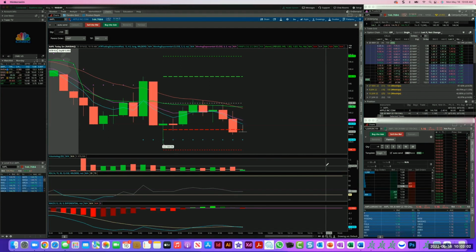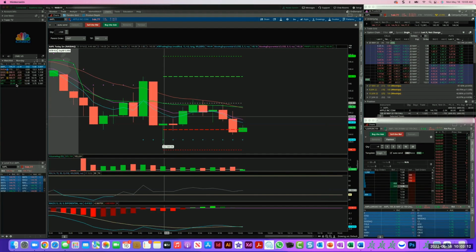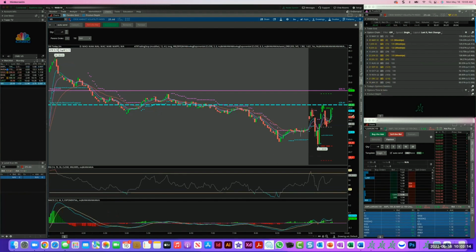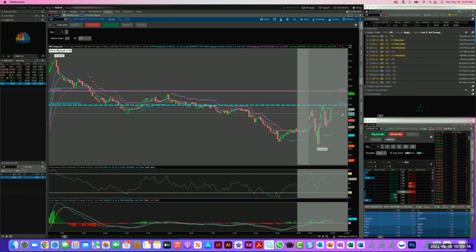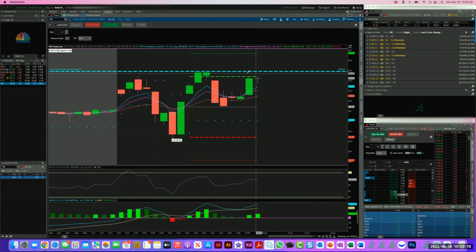Looks like there are calls being bought on Apple near the ask at this particular juncture. The VIX is still a bit of a problem. We are looking at a VIX that is still below resistance here, this long candle resistance, and below the opening range high.